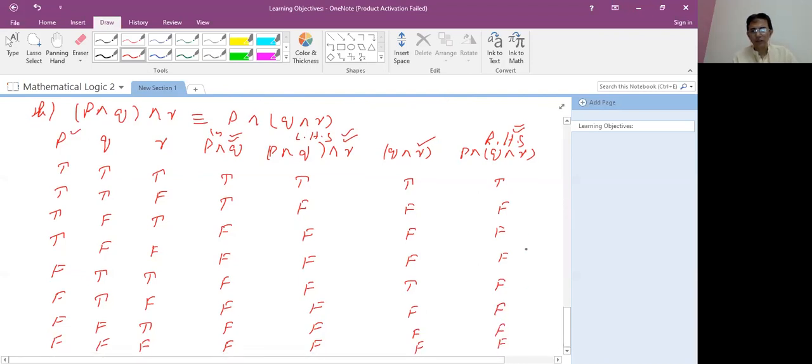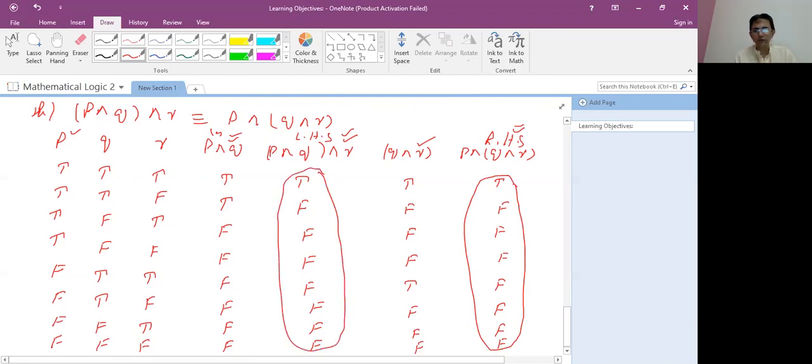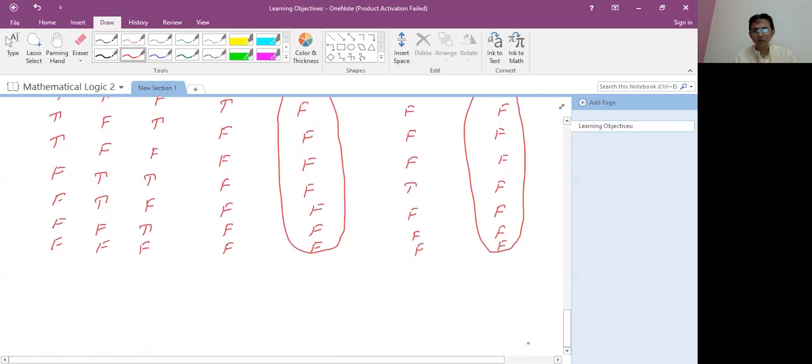So you can easily see that the left hand side and the right hand side are both equivalent. So according to the definition, P and Q and R are logically equivalent to P and Q and R. So we have completed the first learning objective, the laws of algebra.